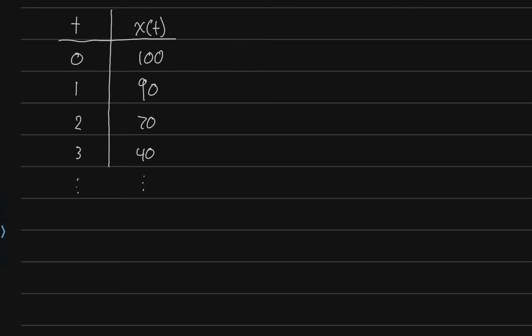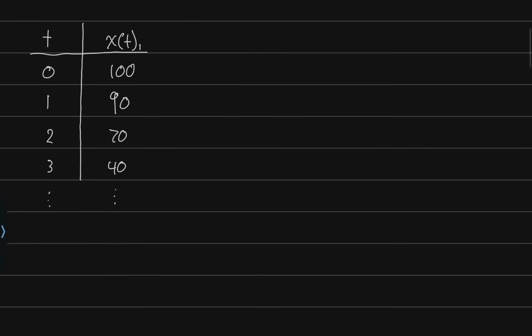Now, if I had a different ball, let's say with a different gravitational constant and other constants that are relevant which vary from this specific ball, let's say this is x of t1, we'll construct another table. In the same exact structure, but this is going to be our second ball.